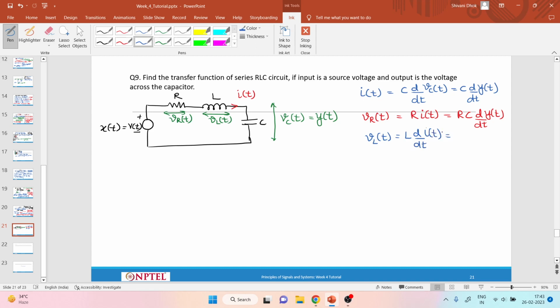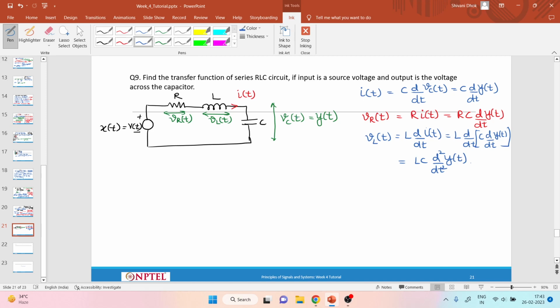So this comes out to be L into d/dt of C into d/dt of y of t, which is equal to LC d²/dt² of y of t.